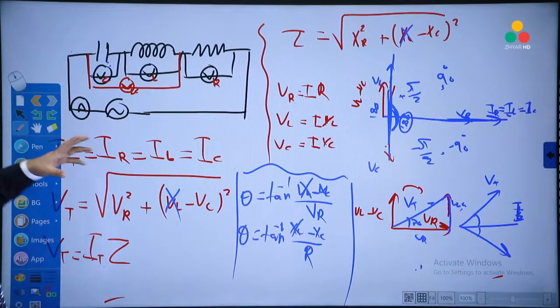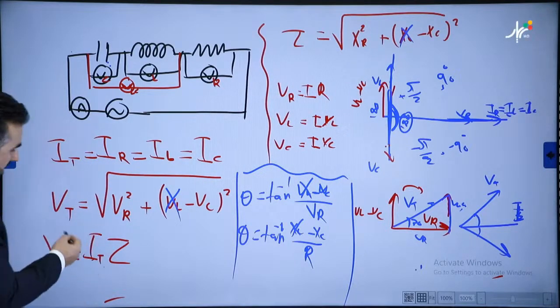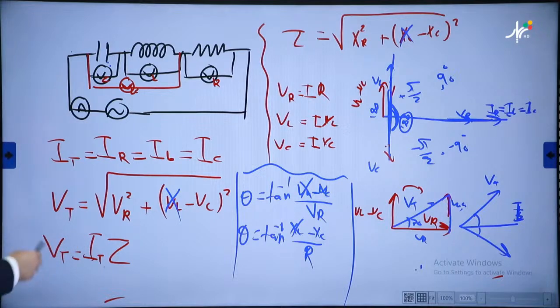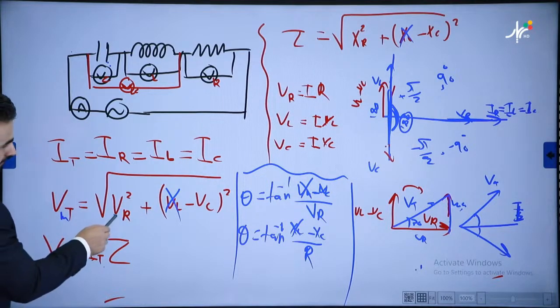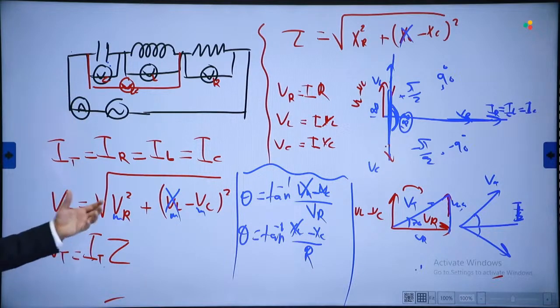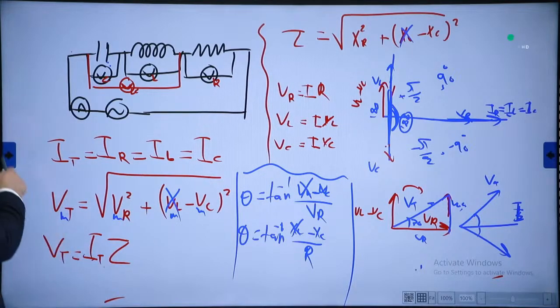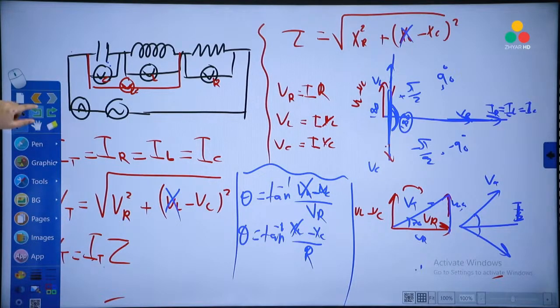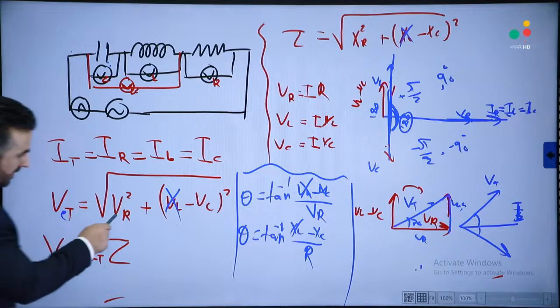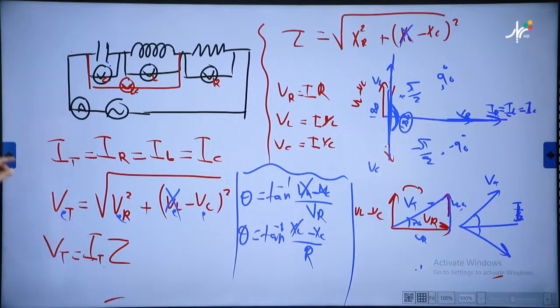And then there's one more thing, let me not forget. For these values here, when we say V total, you can either use all maximum values for each one of these, or you can use the effective values. Because we're mostly using effective values, we're going to substitute all of this with them.